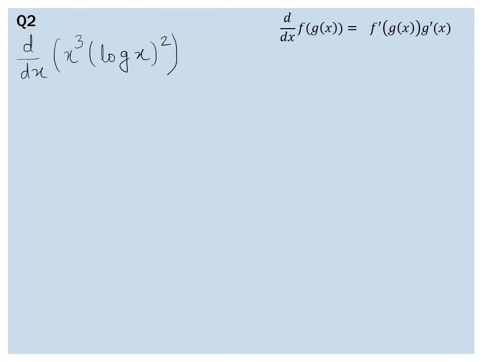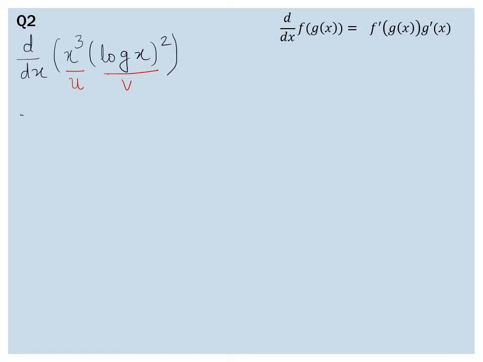Another example, that is derivative of x cube into log x whole square. So with the multiplication, this x cube is one term, log x whole square is another term. So we need to apply product rule over here, u into v first of all, and then we can think of where to apply chain rule.